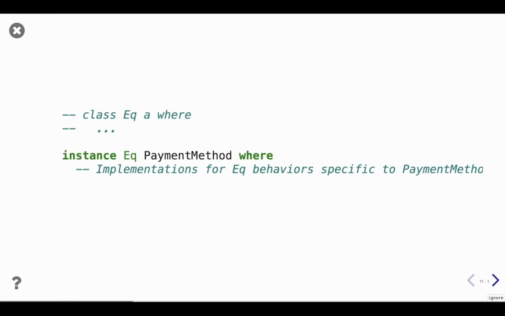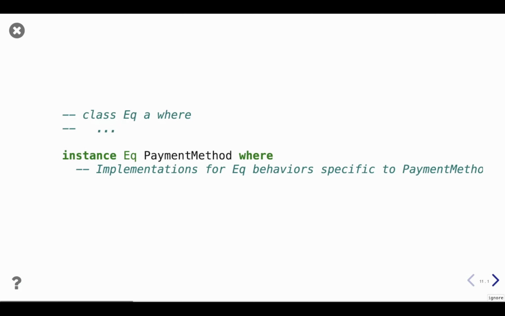To create an instance, we use the instance keyword followed by the name of the type class we want to make an instance for, the type that will be an instance of that type class, and the where keyword. Then, inside that block, we implement the functions defined in that type class.